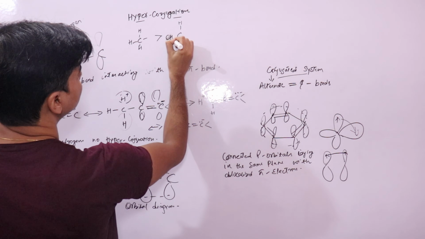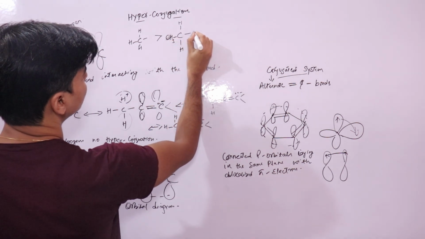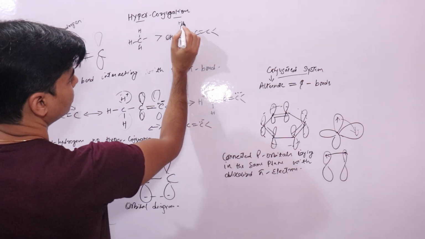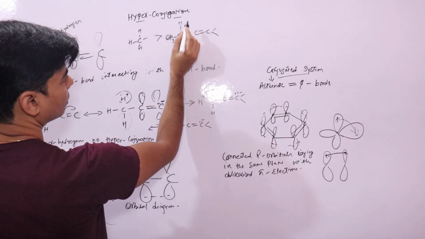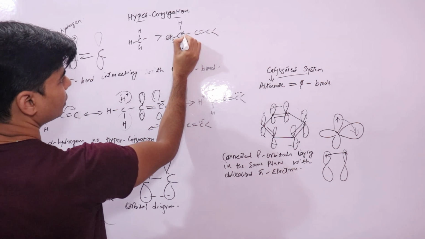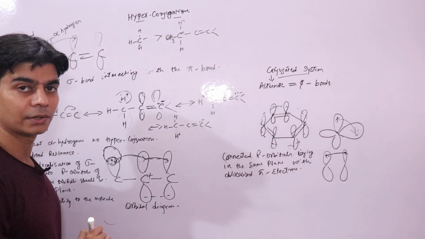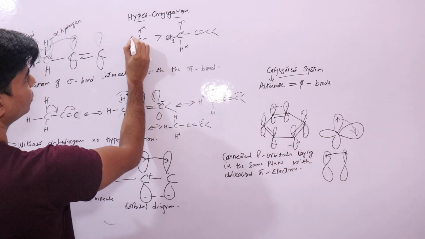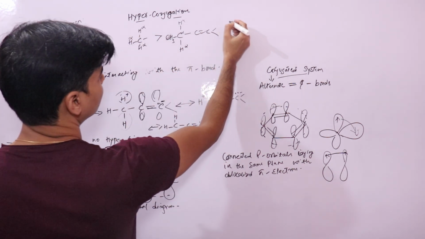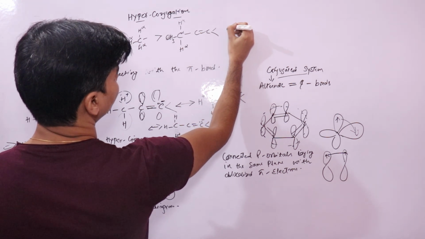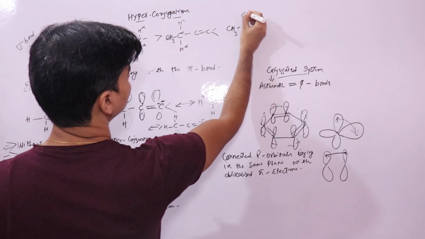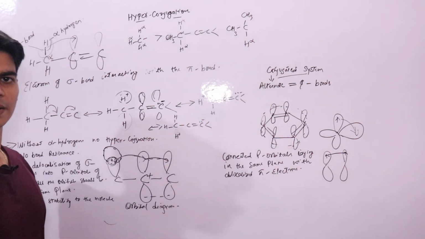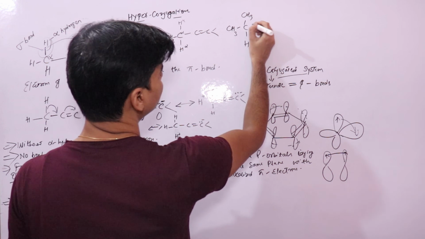Now if you have here CH3, here H, in this system, this is your alpha carbon atom, and this is your alpha hydrogen atom. Here you have 3 alpha hydrogens, here you have 2 alpha hydrogens. If I move further, with 2 methyl groups attached, I am left with only 1 alpha hydrogen, so hyperconjugation activity will decrease.